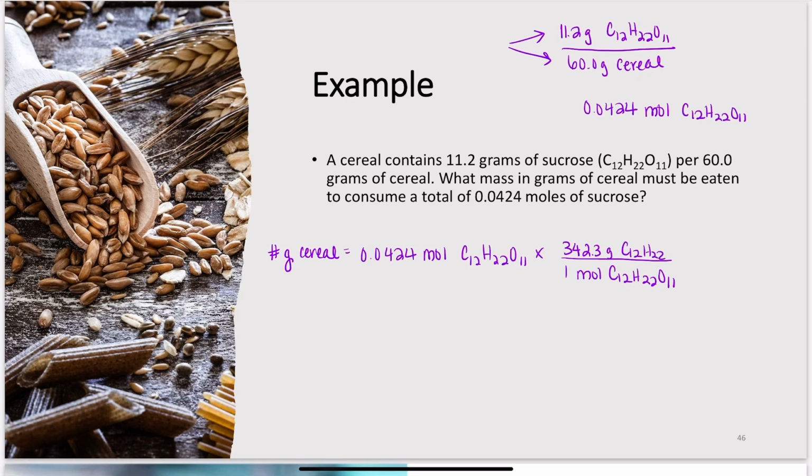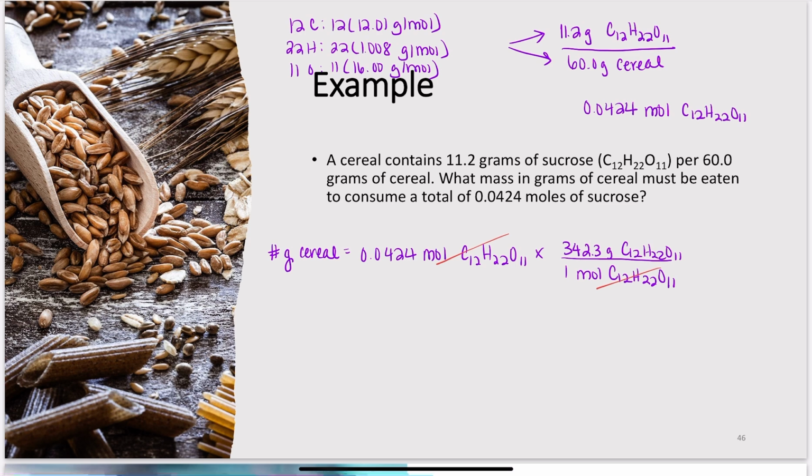Again, I got that by 12 carbons, 12 times 12.01 grams per mole, 22 hydrogens, 22 times 1.008 grams per mole, and 11 oxygens, 11 times 16.00 grams per mole, and then summing that up. So this step got rid of my moles of sucrose and into grams of sucrose.